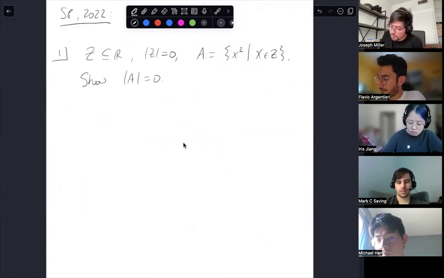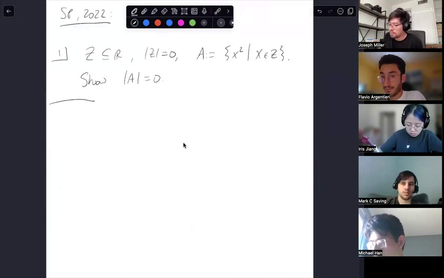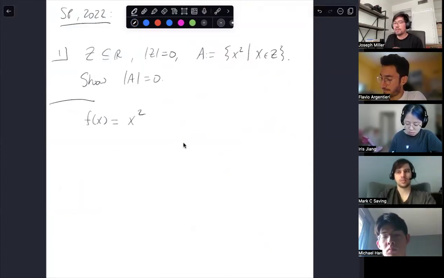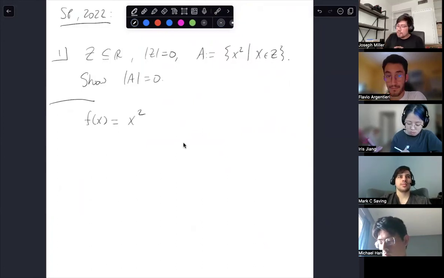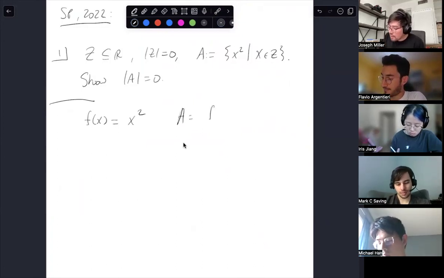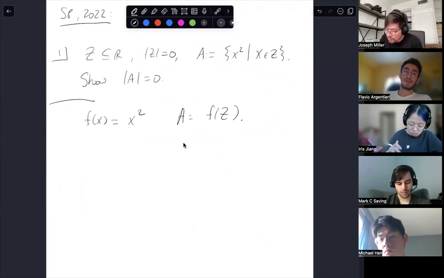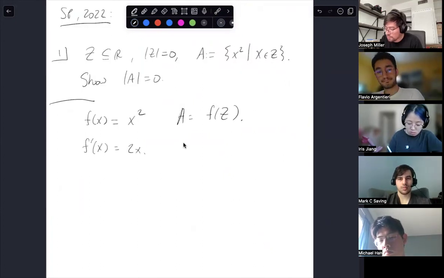Okay, so the way you end up showing these types of things is, let's write down what the function is. I write f of x equals x squared. A is going to be f of this set Z. The great thing about f, though, is if I take a derivative, I know that it's 2x.